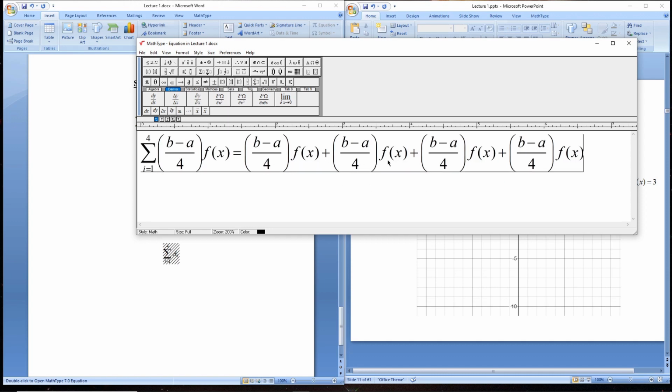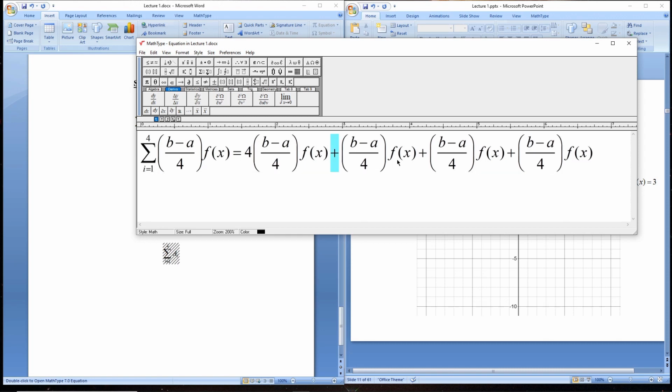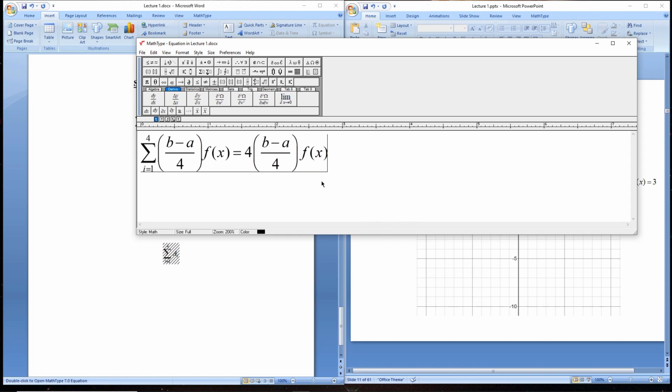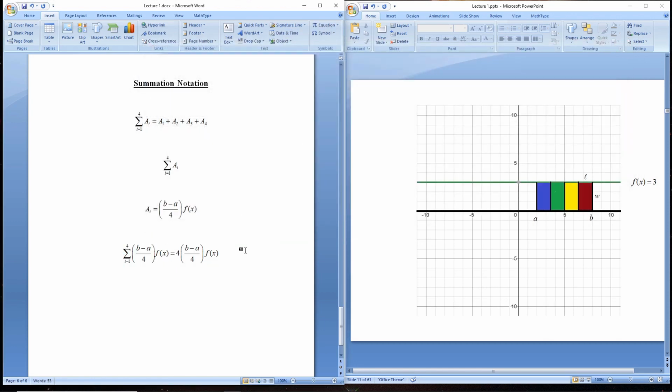So if we add all of these expressions together, that means we've got 4 of them, and those 4s cancel, and we're back to the expression that we originally started with, which we should be. But again, the point here is this machinery that we're developing in order to get the area under the curve. It's all going to be about these rectangles, and then eventually we're going to take this to infinitely many rectangles.